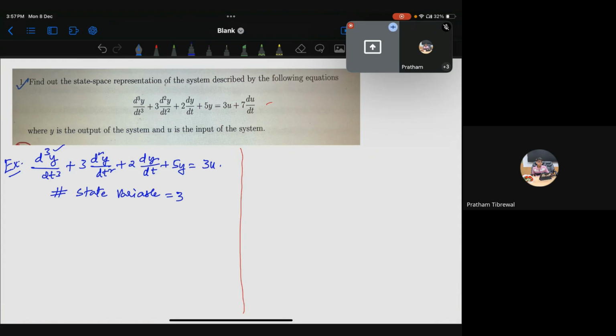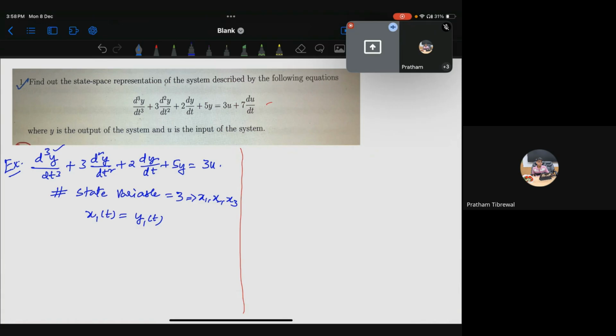So we can choose them as x1, x2, x3. Let's start with x1 of t as y of t.